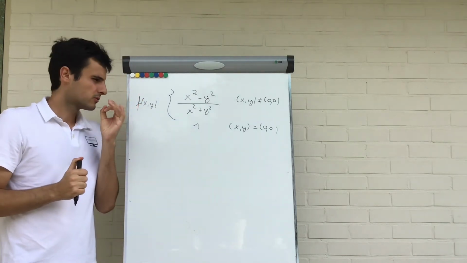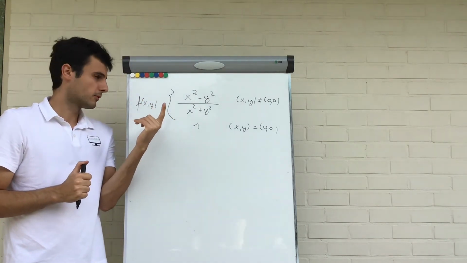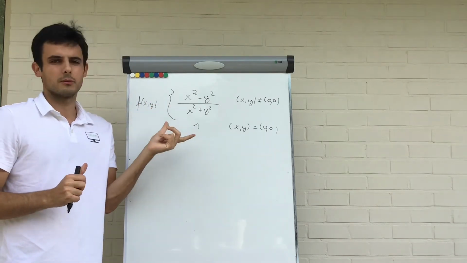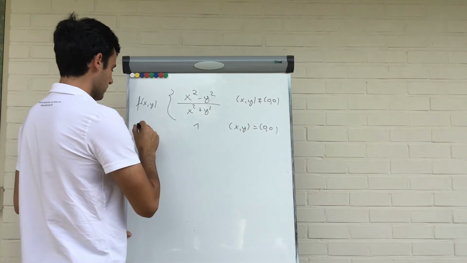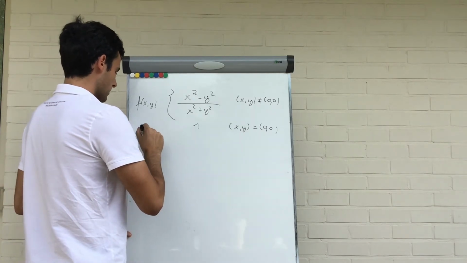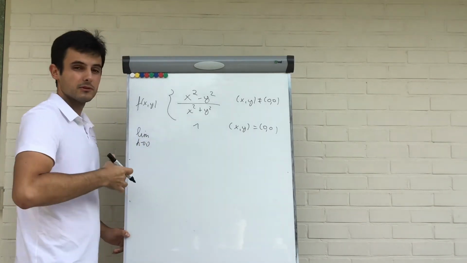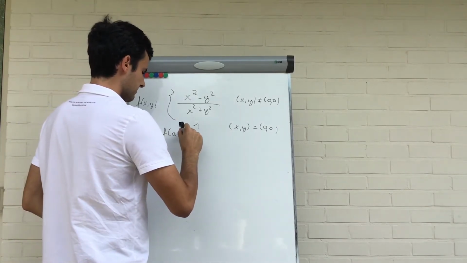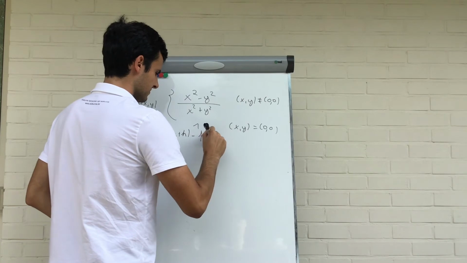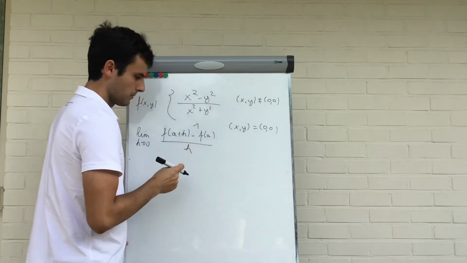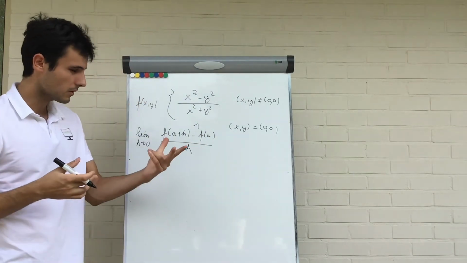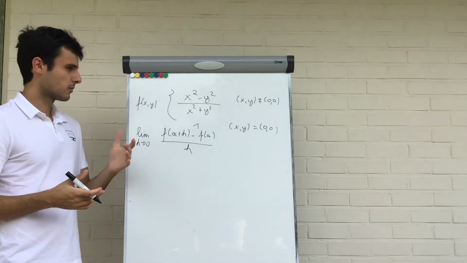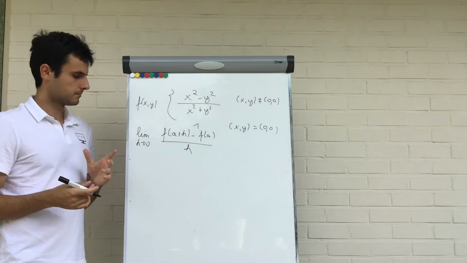The formula to investigate if you can take the derivative of a function is very similar to one variable. So remember, for one variable, you can see the video of the derivative of a function, it goes like this. Now, suppose we want to investigate if the first partial derivative, so the derivative to x, exists.